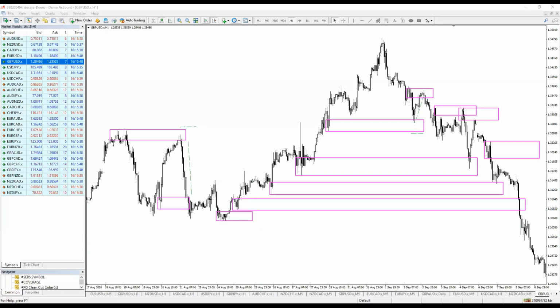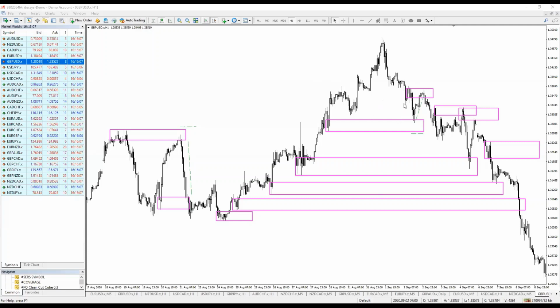Eugene, does any reversal qualify as a decision zone? If so, does it mean that when the price reverses after touching a decision, it automatically creates a decision zone? Yes, exactly right. I don't know if anyone follows the question, so I will illustrate this.